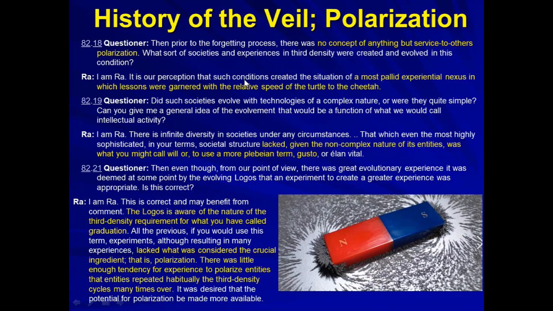So it is our perception that such conditions created the situation of a most pallid experiential nexus in which lessons were garnered with the related speed of the turtle to the cheetah. So what he's saying there is in those conditions, people progressed very slow. In fact, we find that third density became the longest density.